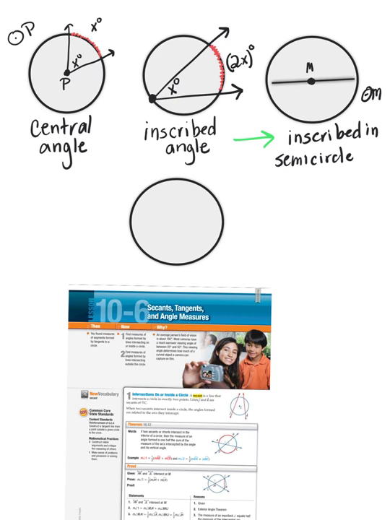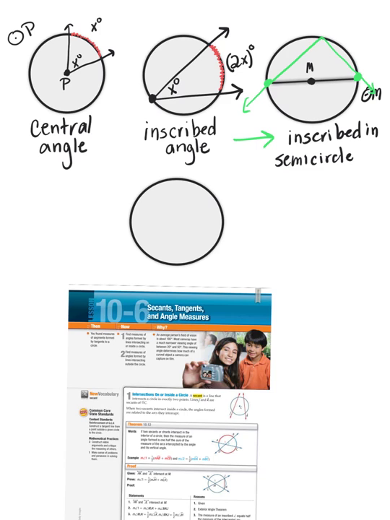If I have an inscribed angle in this semicircle, that means that one side of the angle is going to go out at one end of the diameter, and the other side of the angle is going to go out the other end of the diameter. Now that angle is inscribed not only in the circle, but more specifically in the semicircle.